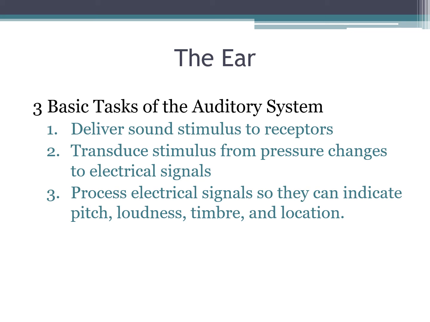And three, we need to process those electrical signals so that they can indicate for us pitch, loudness, and timbre, which we've talked about, and location. I'm going to talk about this in auditory localization: in our visual world, where something is localized in space is there on the retina, but that's really different for our sense of hearing.